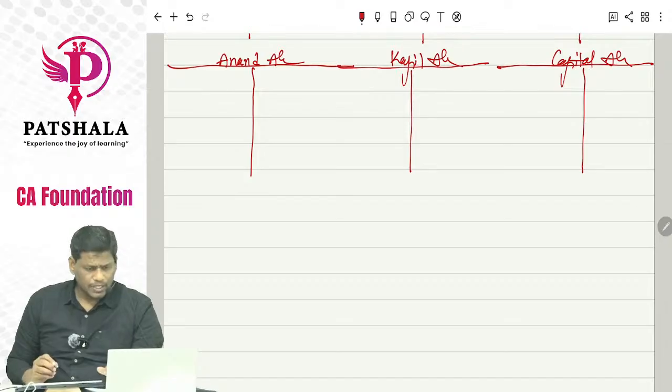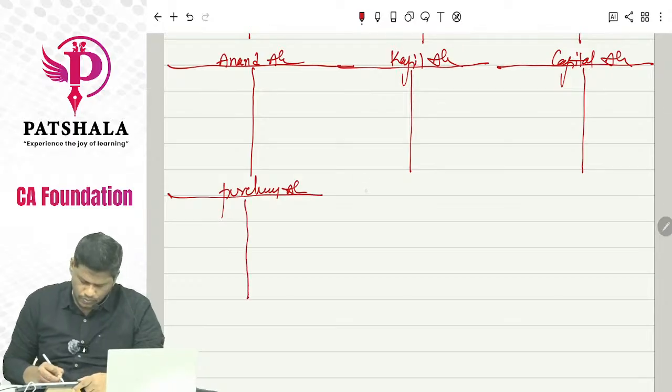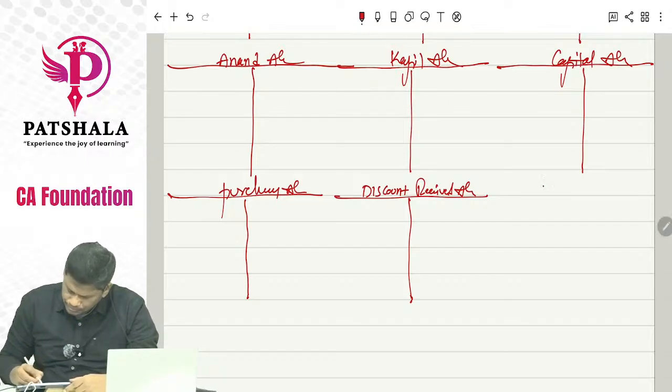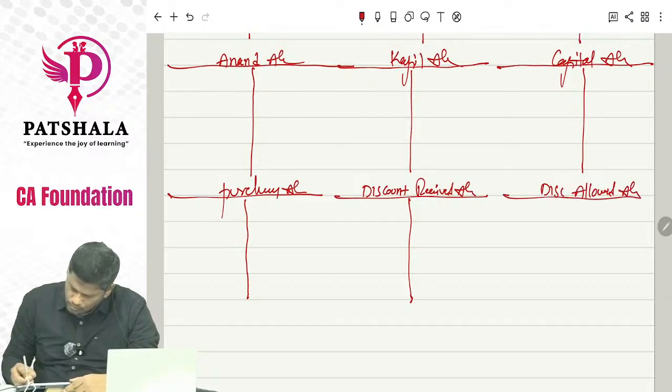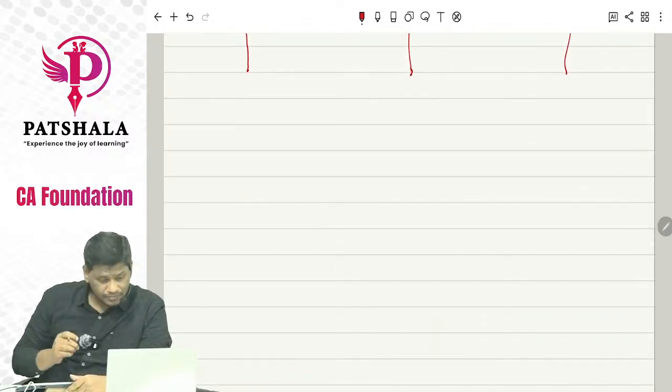సో కపిల్ డన్. పర్చేజెస్. నెక్స్ట్ డిస్కౌంట్ అలౌడ్, డిస్కౌంట్ రిసీవ్డ్, తర్వాత క్యాష్ ఆల్రెడీ ఓపెన్. Next, plant.